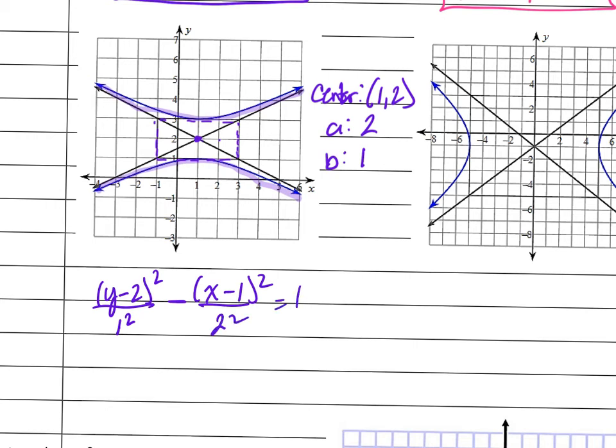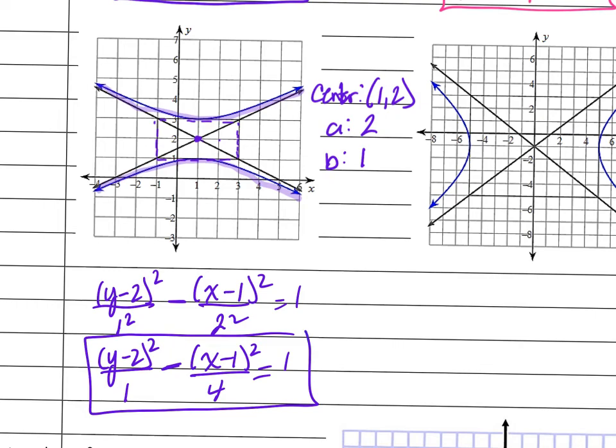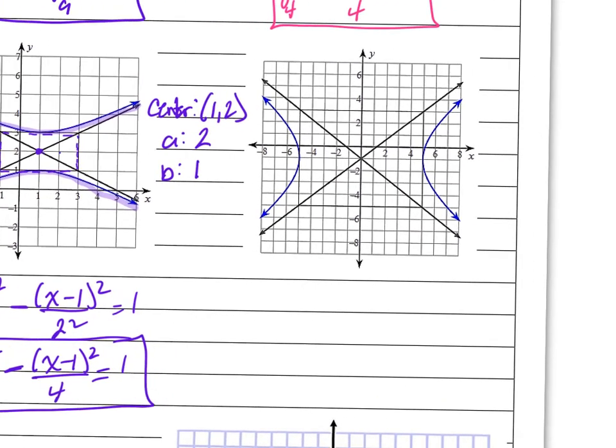So now if I simplify that, I get y minus 2 squared over 1 minus x minus 1 squared over 4 equals 1. Good job, guys. Okay, one more and we're done with this.